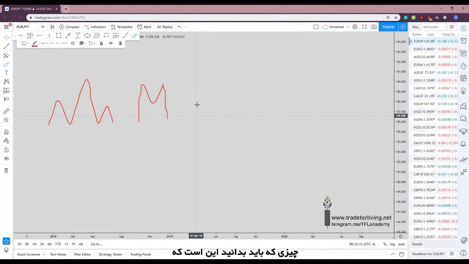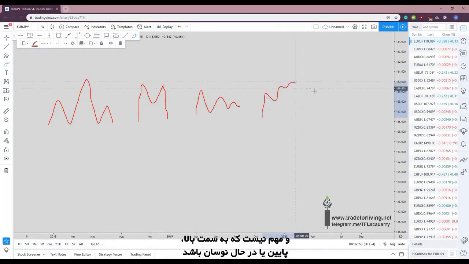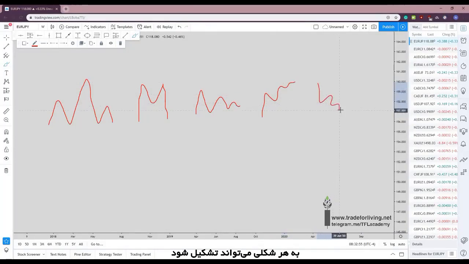What you need to realize is that a wedge formation is when the market is not breaking in any specific direction. The market is decelerating while it is moving, and it doesn't change if this happens to the upside, to the downside, or sideways, because this can happen in any way.